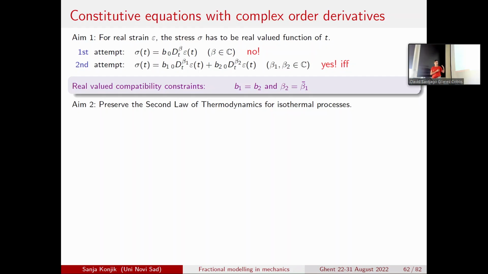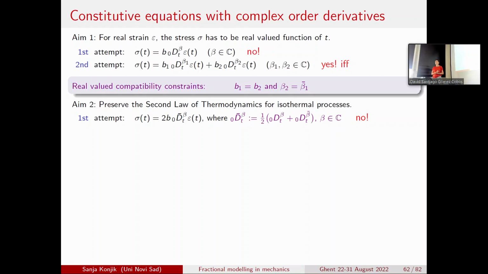The condition is that both real and imaginary parts should be non-negative. First we tried this type of equation, just a linear combination of two fractional derivatives of complex conjugated orders, and we couldn't find values of our coefficients, this b and this beta, such that the real and imaginary part of the corresponding complex modulus are non-negative.